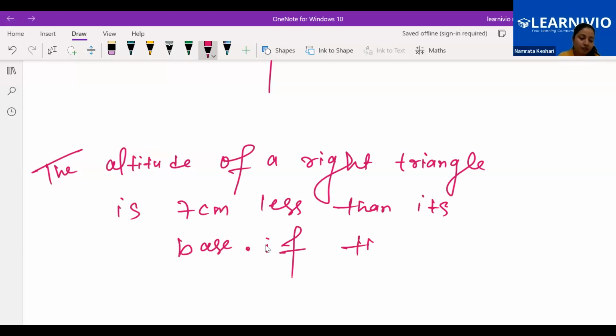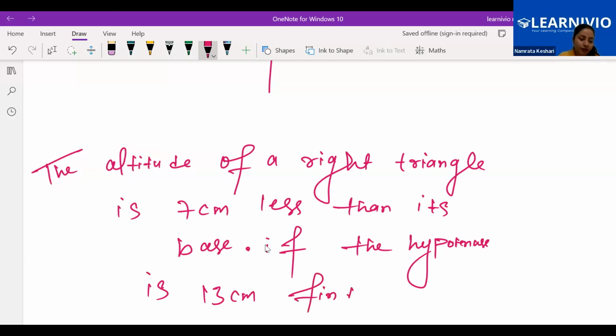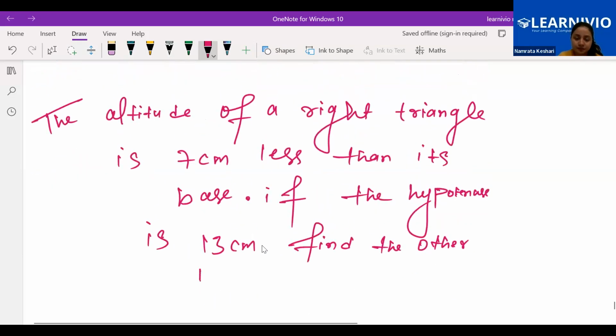If the hypotenuse is 13 centimeter, find the other two sides. See what the question says.